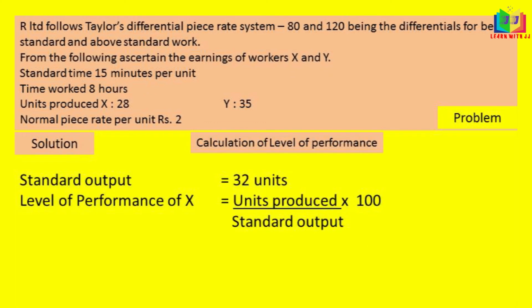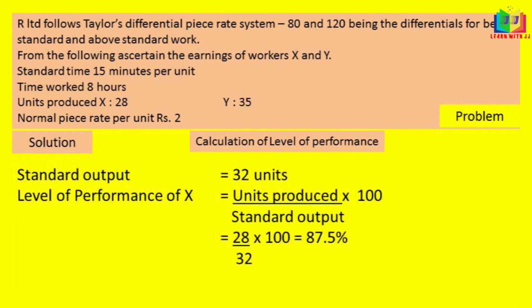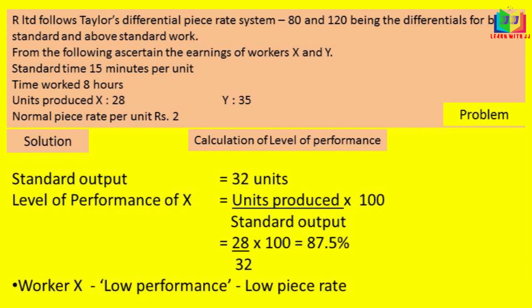Now we have to calculate the level of performance of X and of Y. For that the formula is units produced divided by standard output. Units produced by X is 28 units and the standard output is 32, so the performance level is 87.5%. So worker X is under low performance, so he'll get only the low piece rate.